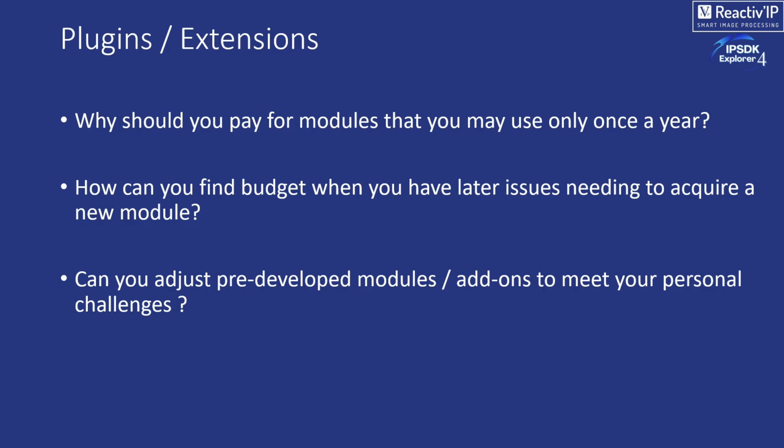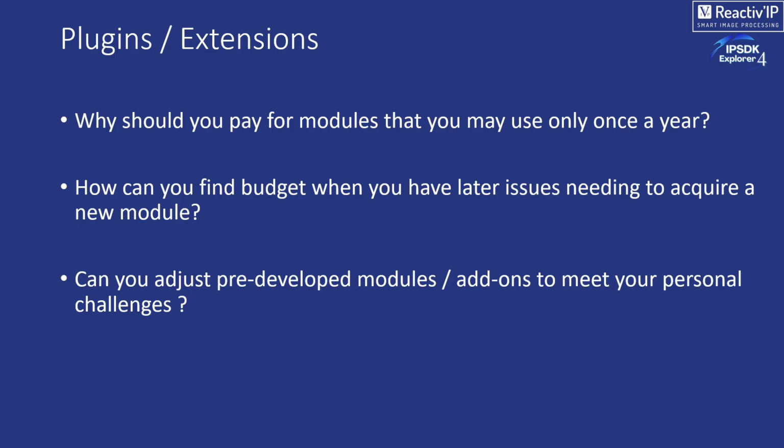So how can you find a budget 2 or 3 years after purchasing the initial license? That's really a main problem, both for academics and for industry right now, because budgets are very complex.